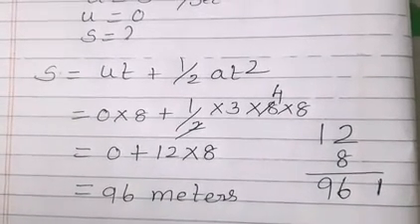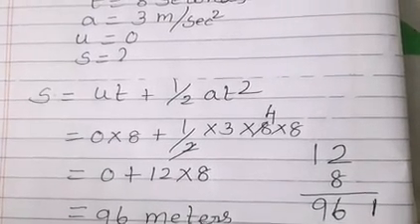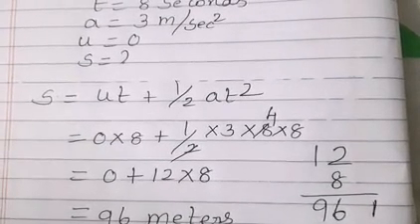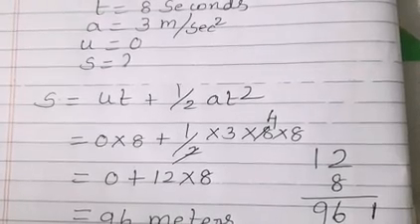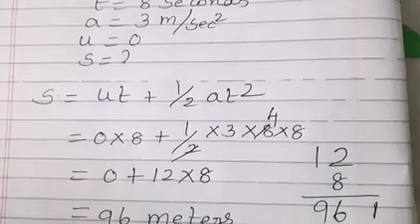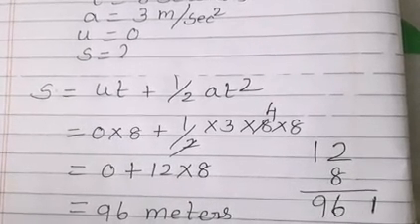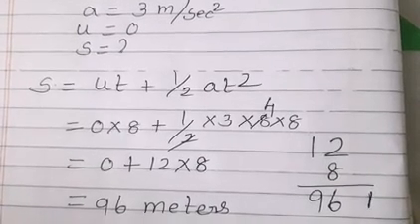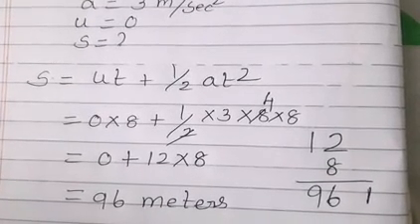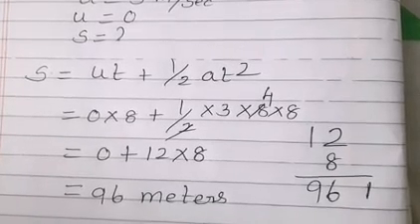Here u is 0, so 0 into 8, that means time is 8 seconds, plus half, acceleration is 3 and t square is 8 into 8. Then cancellation has taken place. So 3 into 4 is 12 into 8.